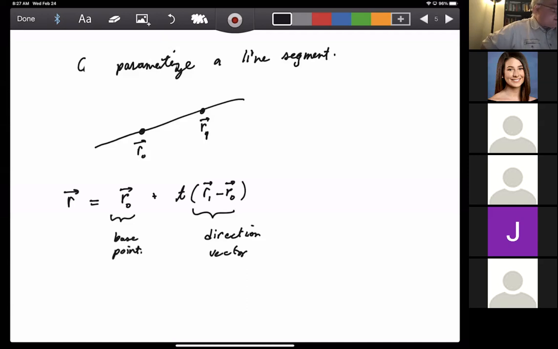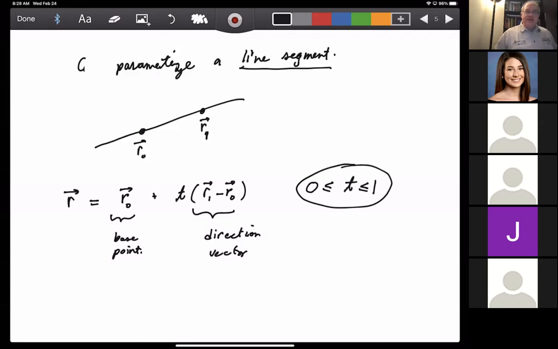Notice that when t is 0, we're exactly at the point R0. And when t is equal to 1, we have R0 plus R1 minus R0, or just R1. So this equation, but with our parameter t restricted to lie between 0 and 1, will let us get all the points on the line segment.